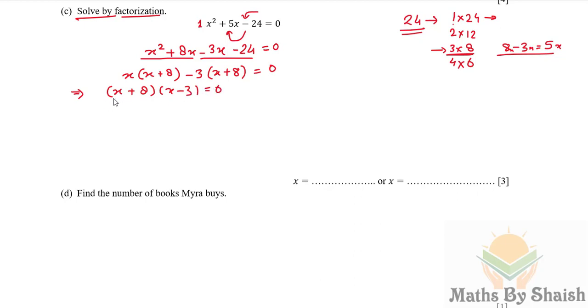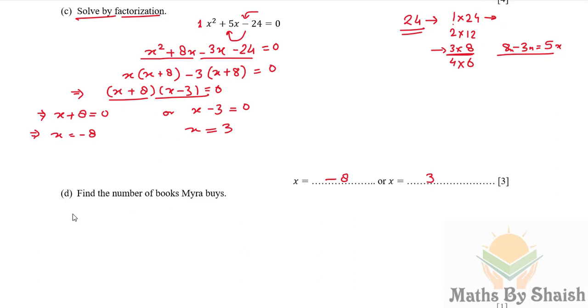Once we have a product of 0, one of the factors should be 0, any one of them or maybe both. So x plus 8 should be 0 or x minus 3 should be 0. From here we get x equals minus 8, and from here x equals 3. So the two solutions are minus 8 and 3.